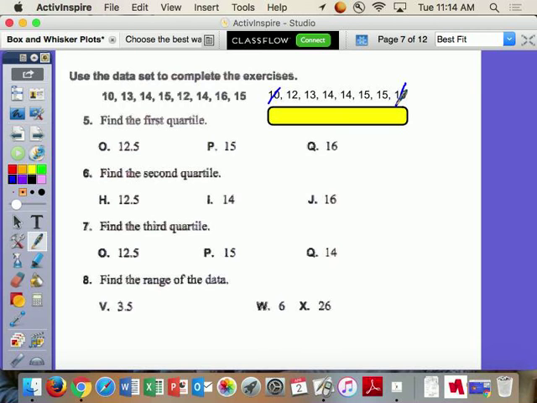Let's find our middle. Well, if I add 14 plus 14 and I divide by 2, you end up with 14. So your median is right here.